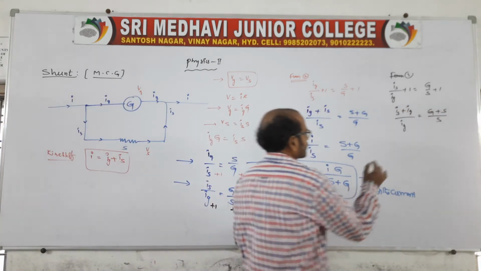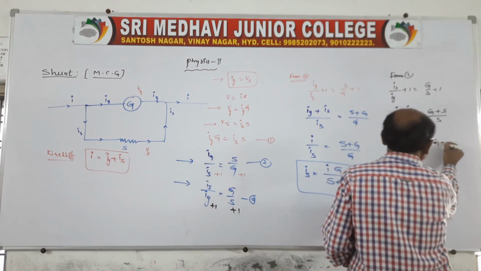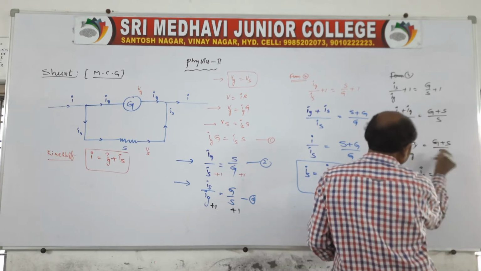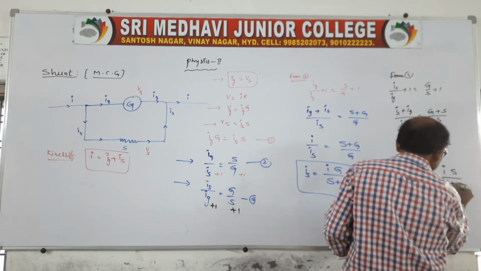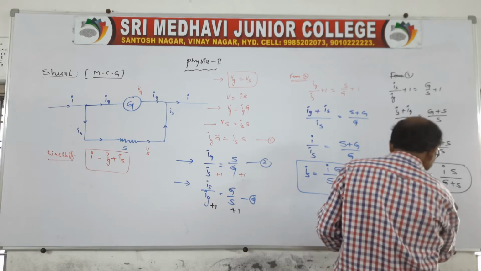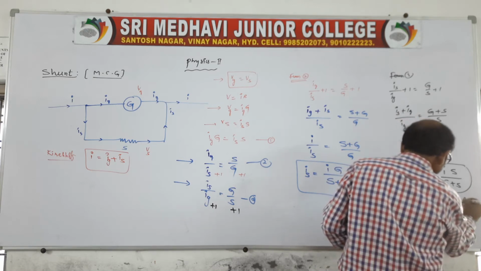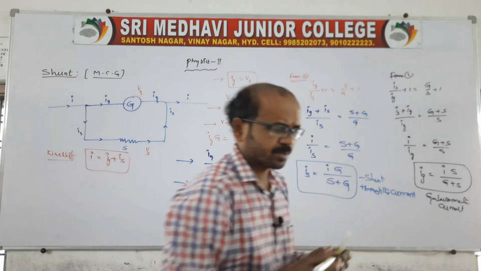So I by Ig is equal to G plus S by S. Cross multiplying, Ig is equal to I into S by G plus S. This is the galvanometer current.